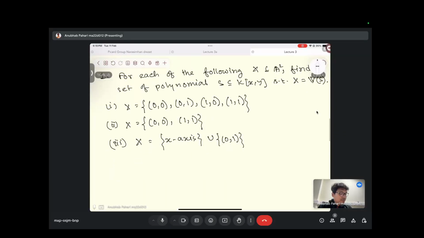And fourth will be: describe the algebraic set V(xy, yz, zx) of A3 geometrically.